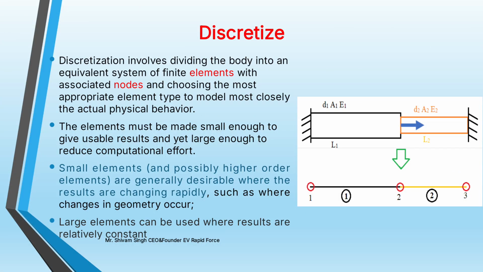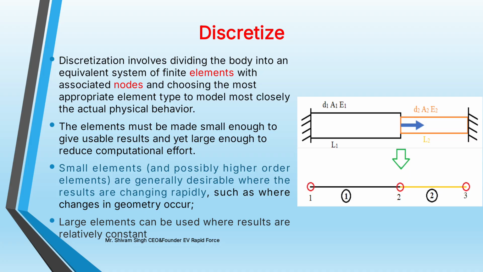After that, taking this problem, we follow the steps. Discretization is nothing but making it element-wise. Here we take two elements. In these two elements we have three different nodes, 1, 2 and 3, and element 1 and element 2.